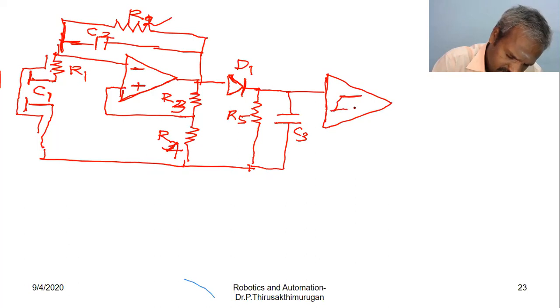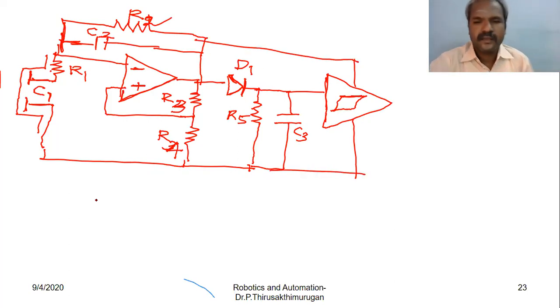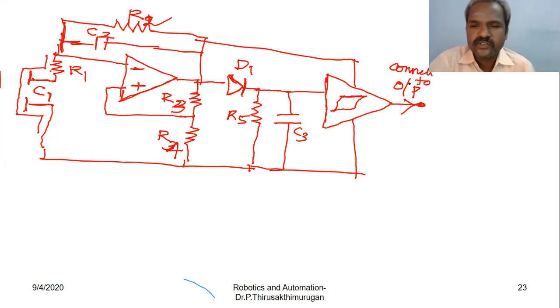The triggering stage is the same. Next is the output stage. This goes to the output stage. Clear? So let's see what is in the output stage.